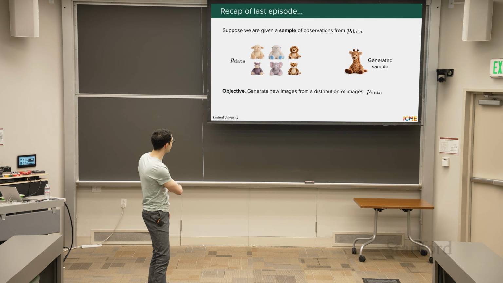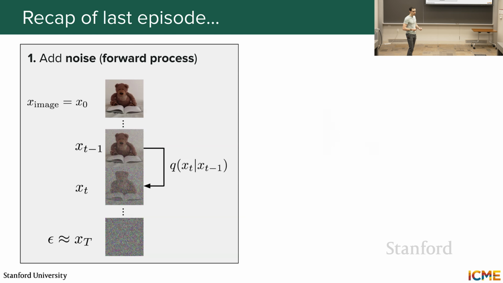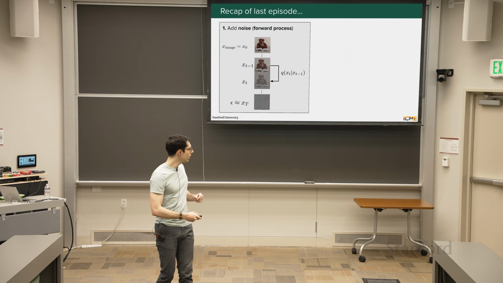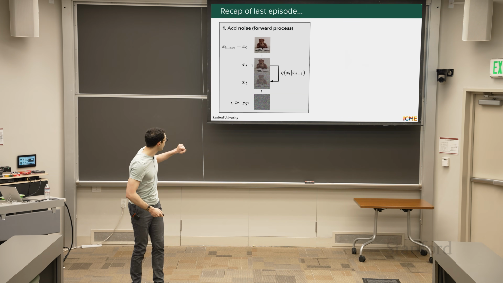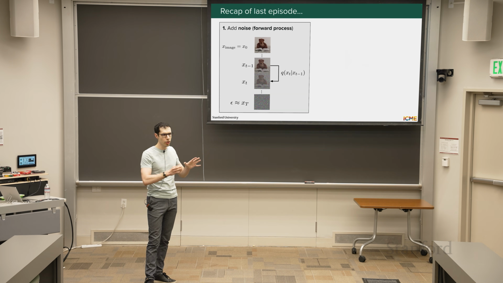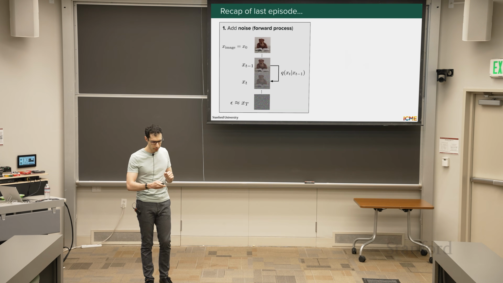So what did we see last time? Our strategy was to take images from the training set that we called clean, because they did not have any kind of noise. We defined a process Q that added some noise progressively, such that at the end of the day, we ended up with pure noise or almost pure noise.